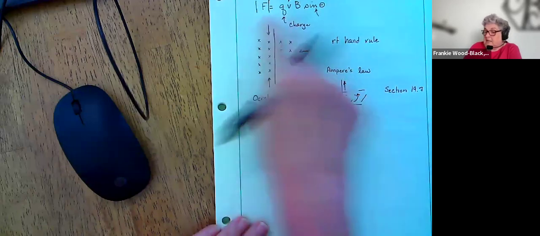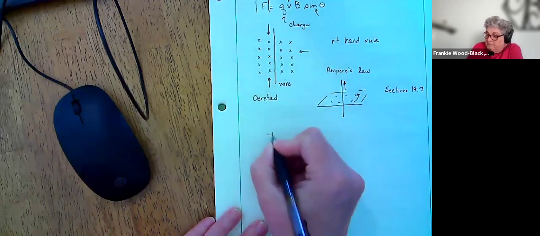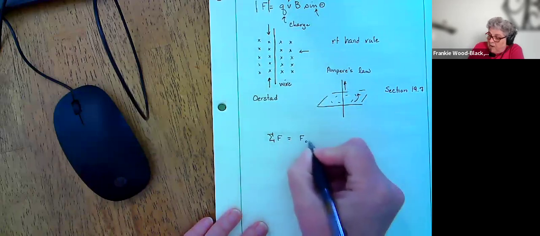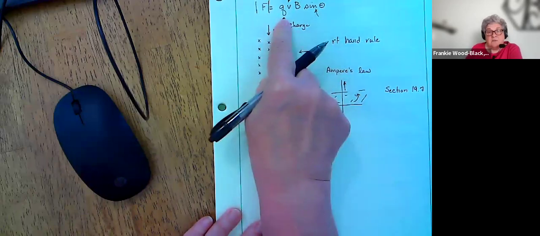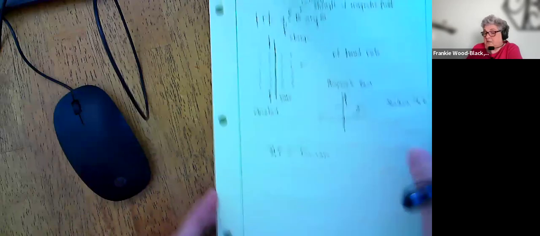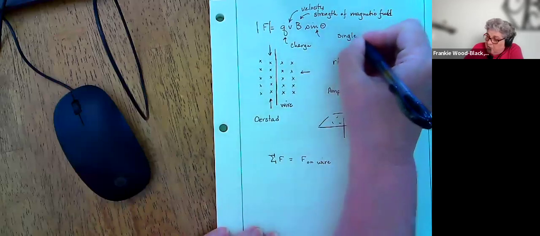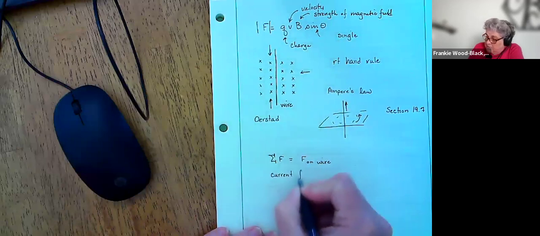If I'm doing a wire, the sum of the forces is going to equal the force on our wire. This force problem deals with a single charge, but a current is a flow of charges.